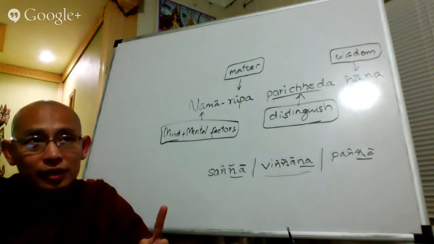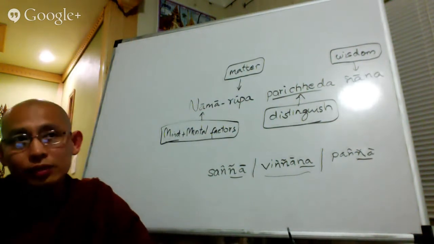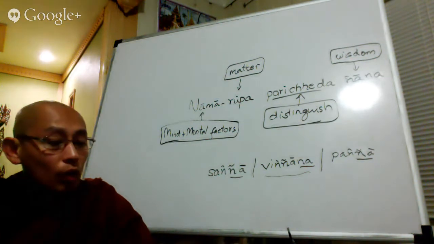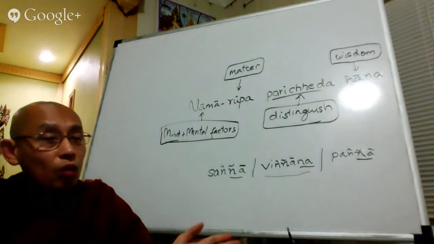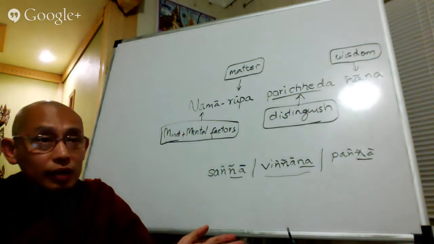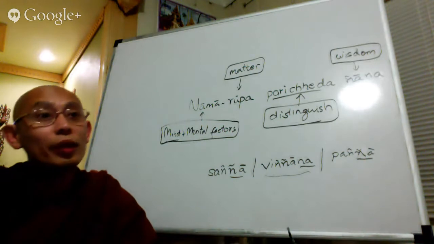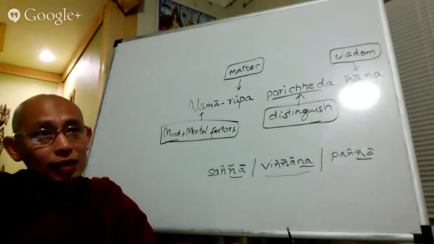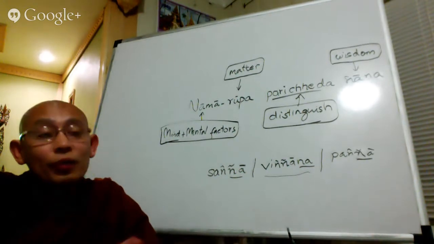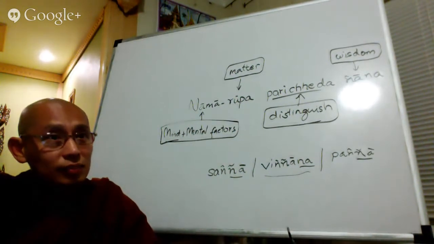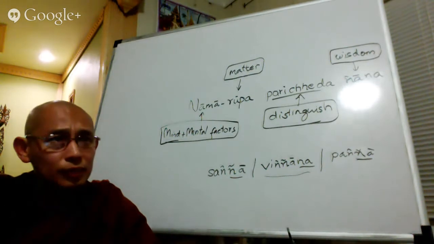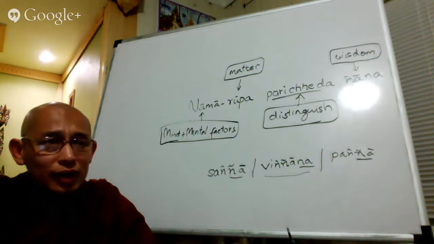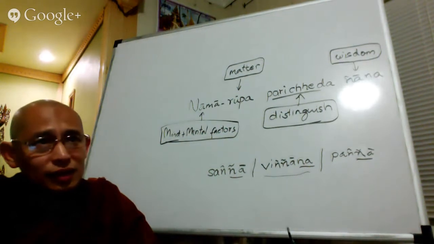Common characteristic is that all body and mind is impermanent. It is a common characteristic for all body and mind, for all phenomena. But individual characteristics are different.